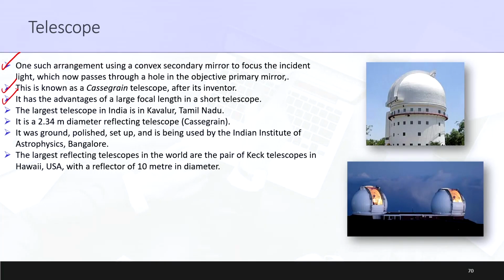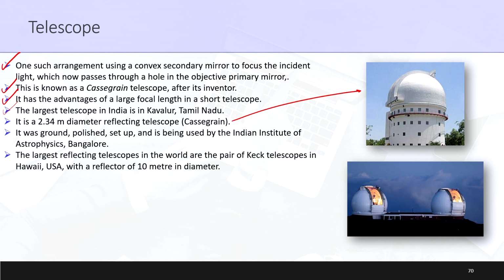The largest telescope in India is in Kavalur, Tamil Nadu. It is a 2.34 meter diameter reflecting Cassegrain telescope. Reflecting means the objective is not a lens but a mirror.